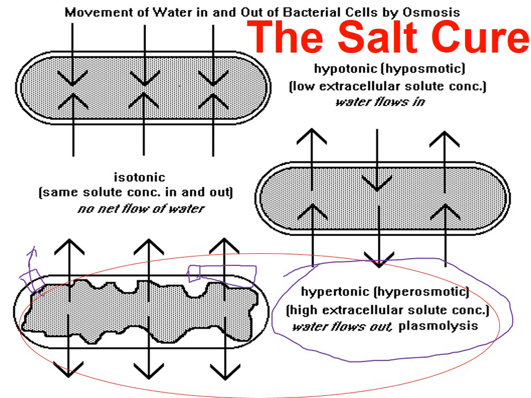So maybe you can make a protein that lets water come back in once there's not enough water in the bacterial cell. So think of adaptations that will allow the bacterial cell to survive in a salt cure environment. Kind of like your natural selection assignment that you were doing.